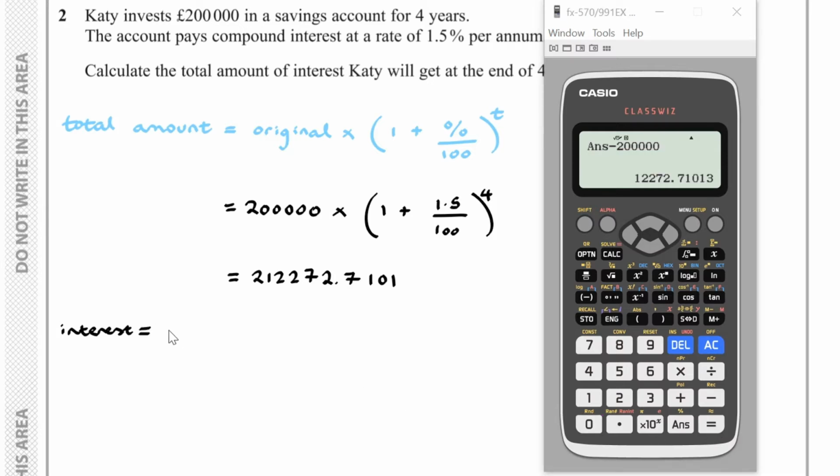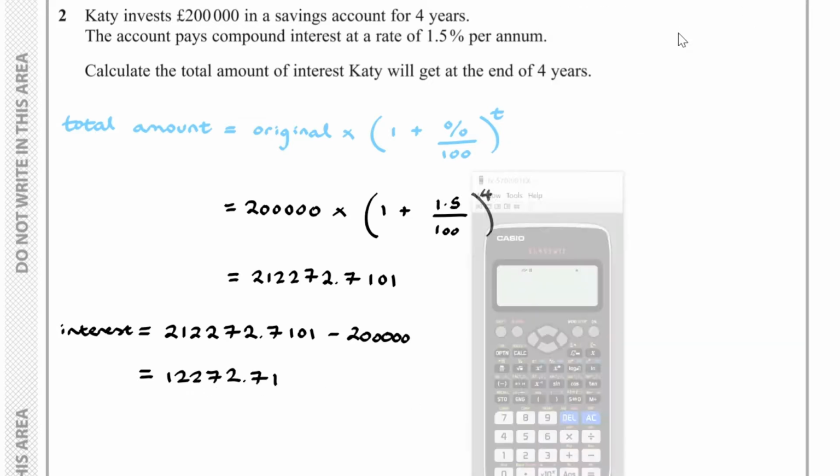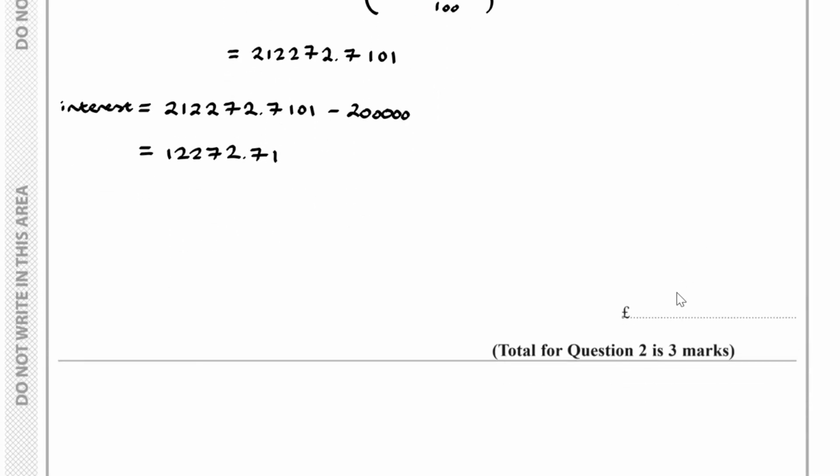So the interest is equal to 212272.7101 minus the 200,000. So therefore we get 12272.71. Okay, so here we have 12272.71 pounds.